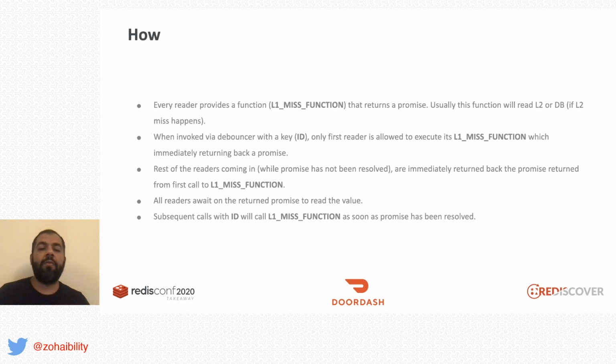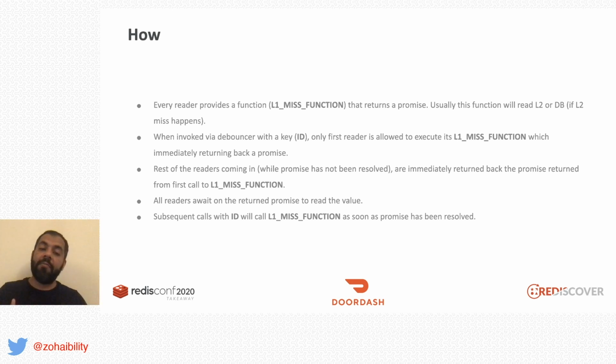So when invoked via the debouncer with a given ID, only the first reader is allowed to execute. In case there is a miss, only the first function would start executing and it would return you a promise. The rest of the readers coming in after the first winner immediately get back the promise that this L1 miss function returned in the first call.